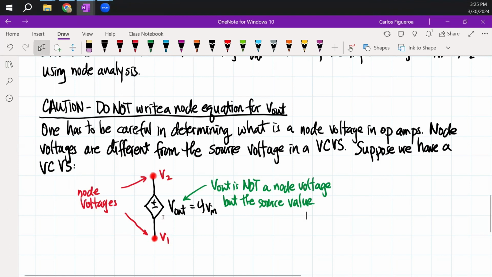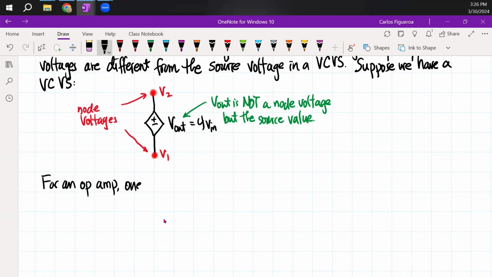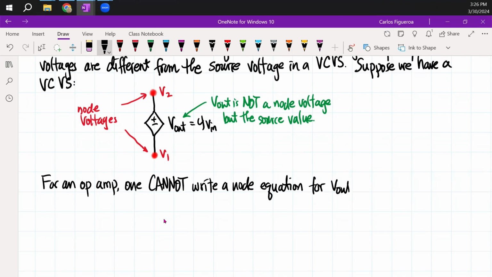So if you look at this at an op amp, one cannot write a node equation for V out, even though it appears to be a node voltage.